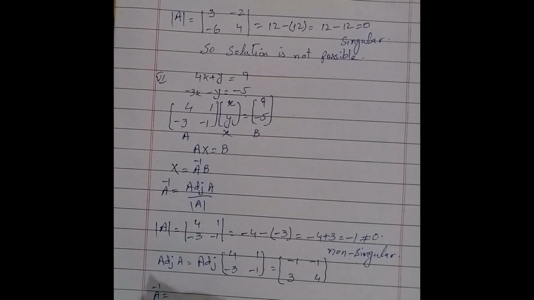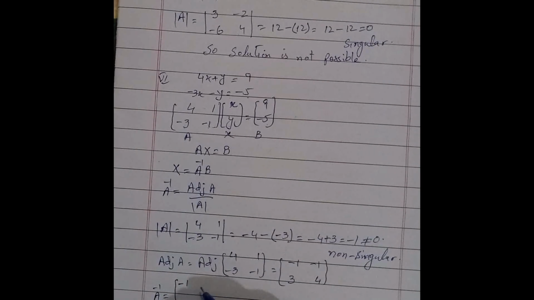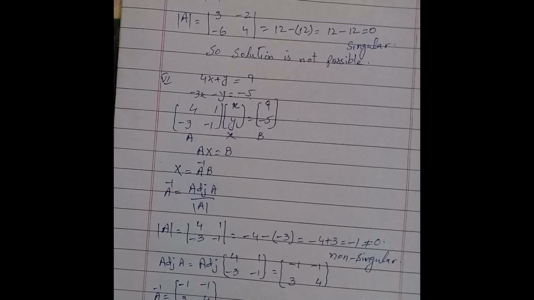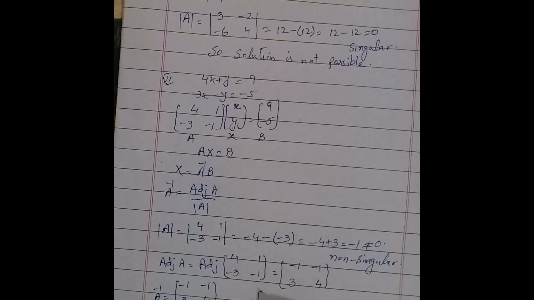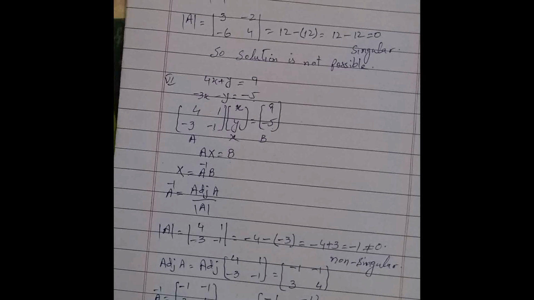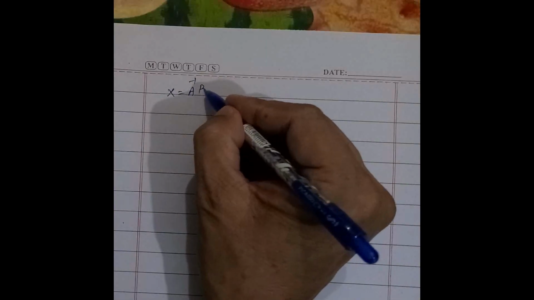A inverse is equal to adjoint A over -1, which is -1 times the matrix -1, -1, 3, 4. This is A inverse, and we put these values of A inverse into A inverse B.